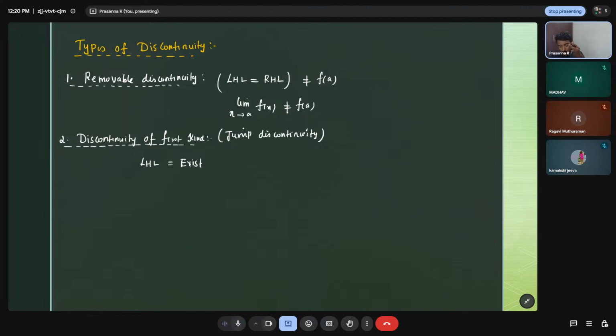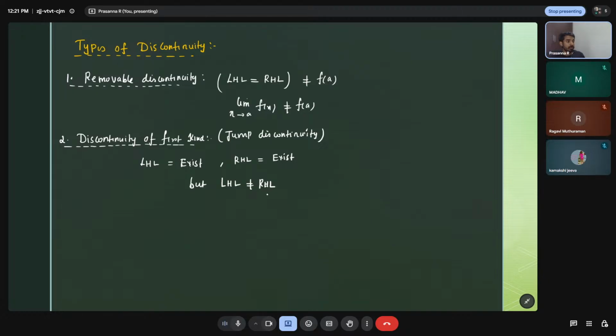Limit tending to a, if LHL exists and RHL exists, but these two are not equal, then we say it is a discontinuity of first kind.